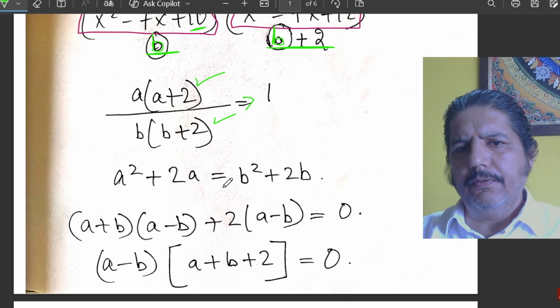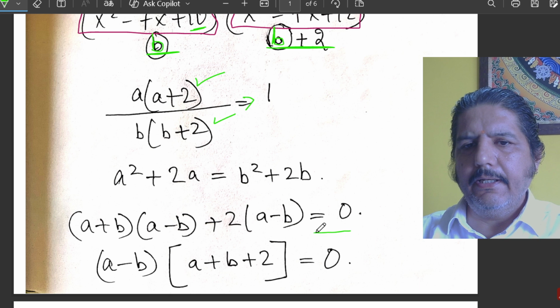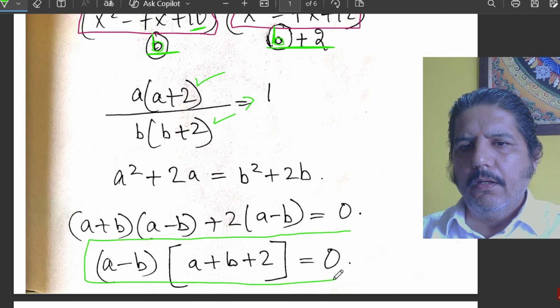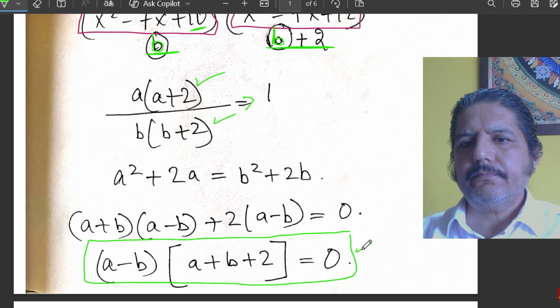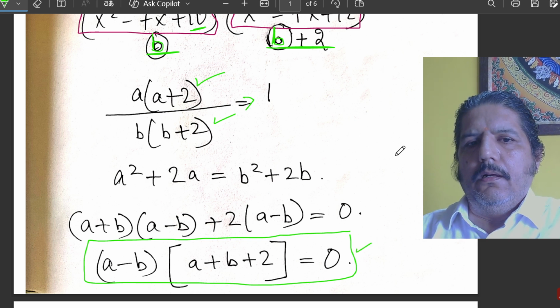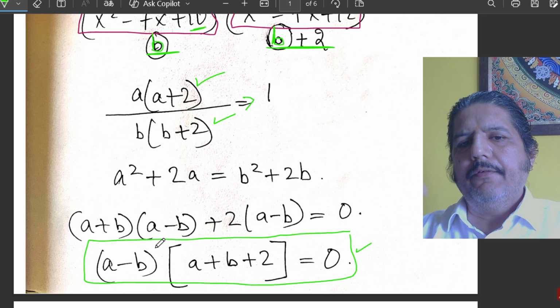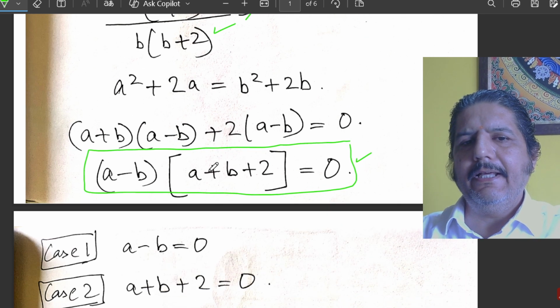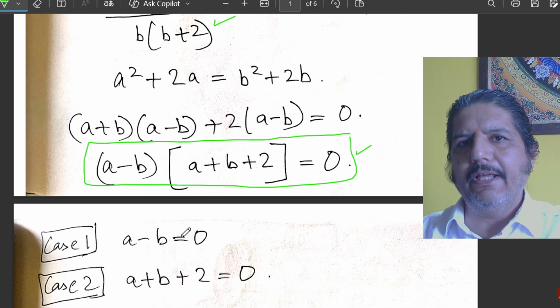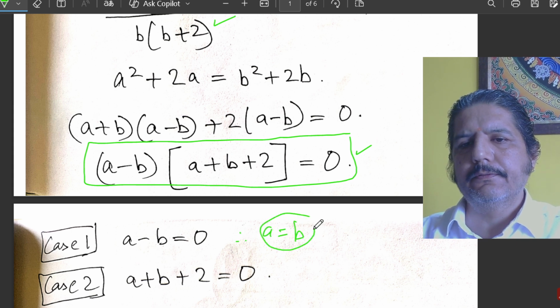And when I solve, this is a step that you'll have to see. Finally, I arrive at this. So now I have these two cases. One is that a is equal to b, because a minus b is equal to 0, therefore a is equal to b. This is the first case.